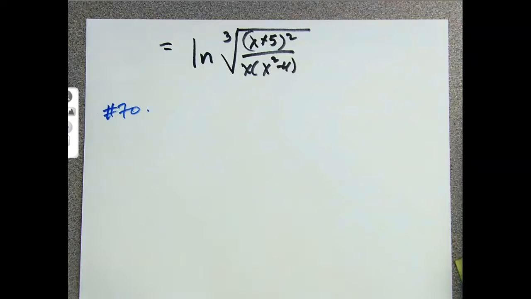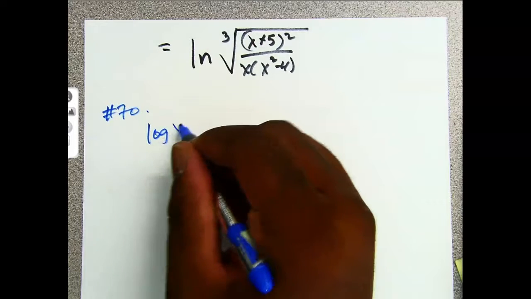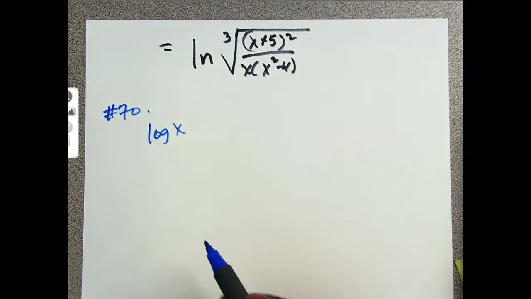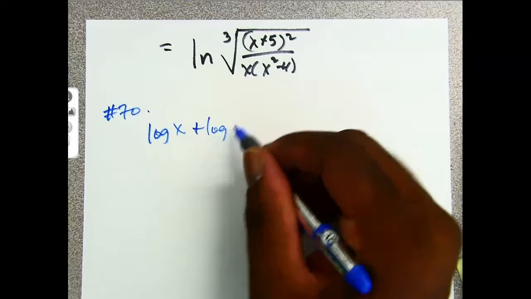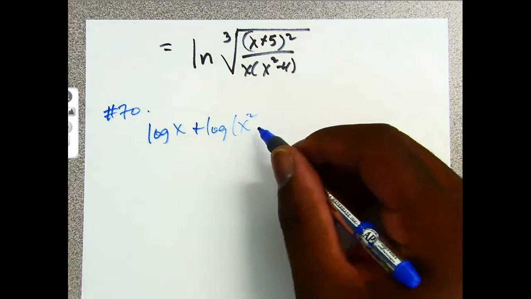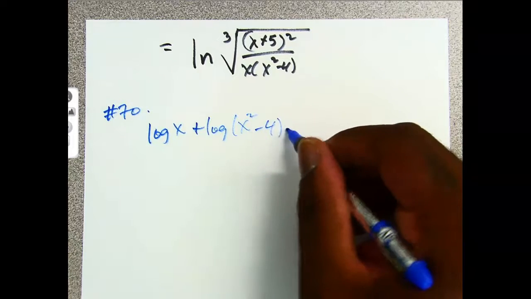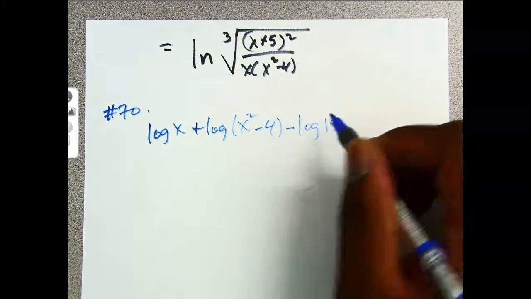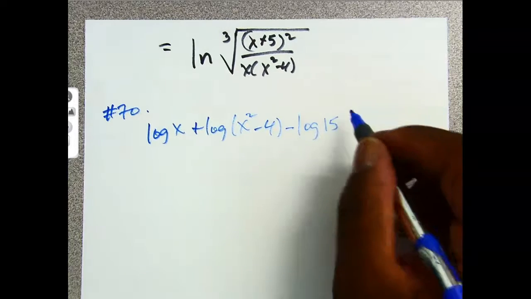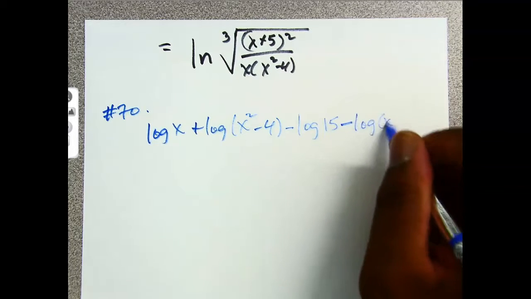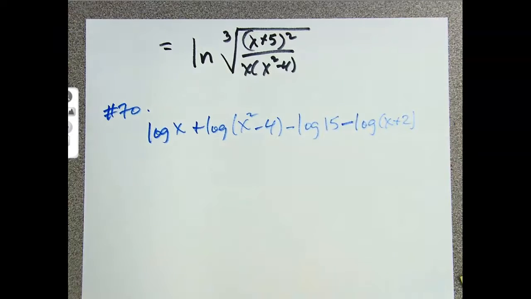Okay, we have log of x plus log of x squared minus 4 minus log of 15, and then minus log of x plus 2. All right.